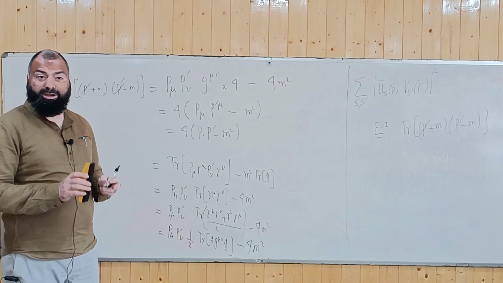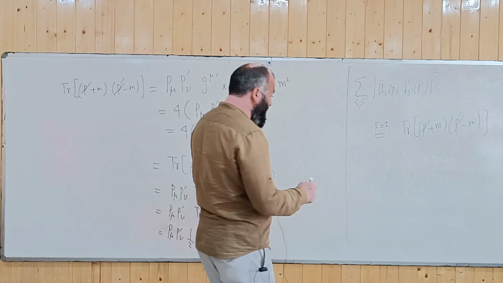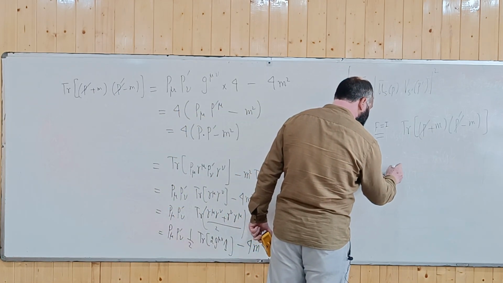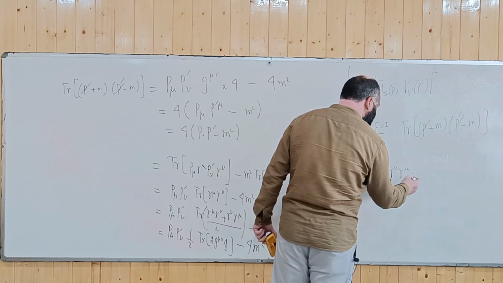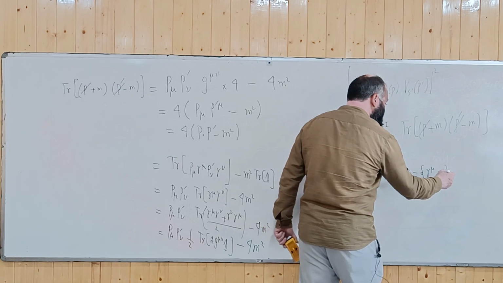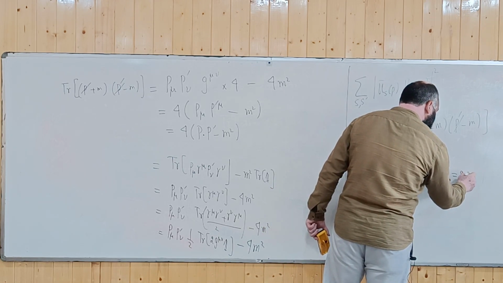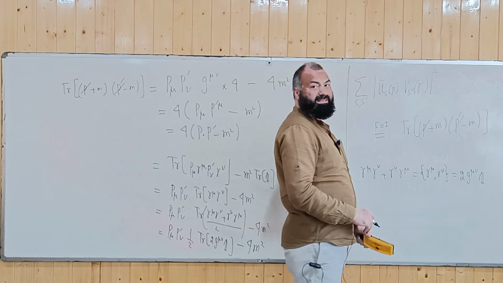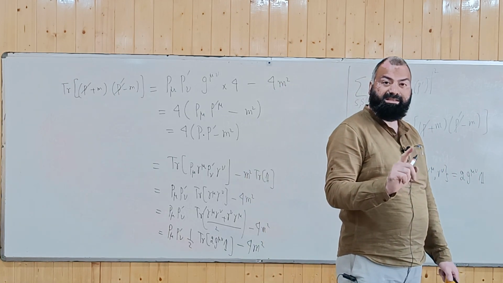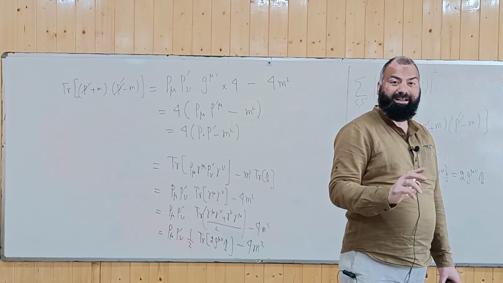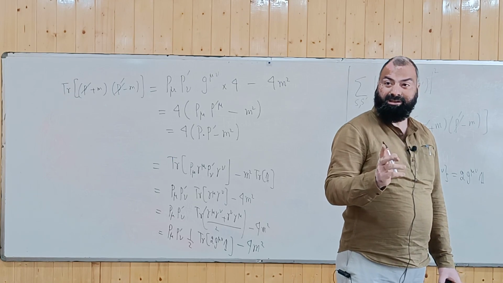Everybody got it? You have to be very careful using this very identity. When you are having this gamma nu plus gamma mu, or this anti-commutator that we write like this, gamma mu, gamma nu, this is actually equal to twice g mu nu, and an identity. Because gammas are themselves defined in the spinor space, but the indices mu and nu are in the coordinate space, in the Minkowski space.